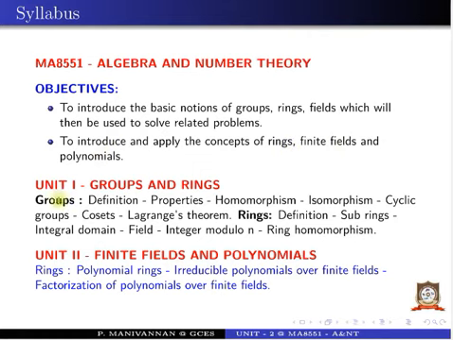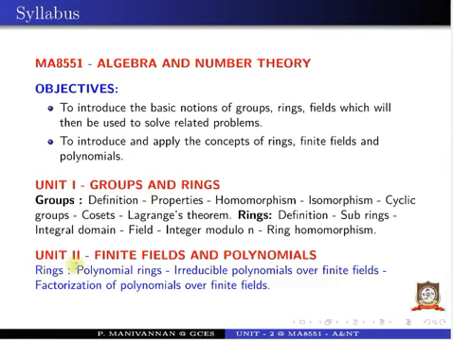These are the syllabus. Unit 1, groups and rings. Group definition, properties, homomorphism, isomorphism, cyclic group, cosets, Lagrange's theorem. In rings, the definition, subrings, integral domain, field, integer modulo n, ring homomorphisms.